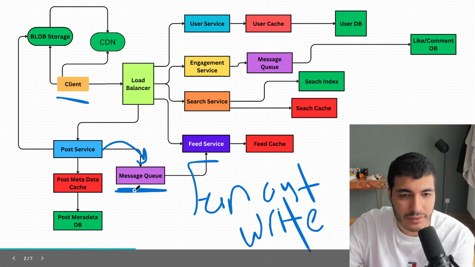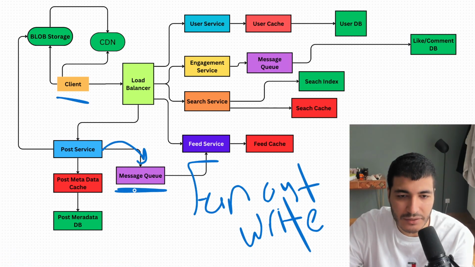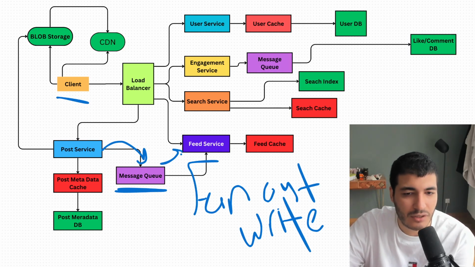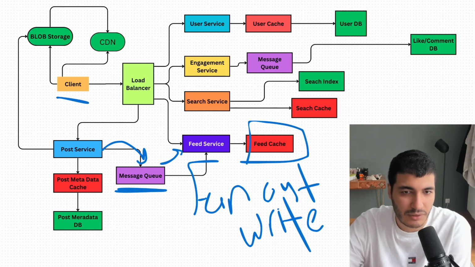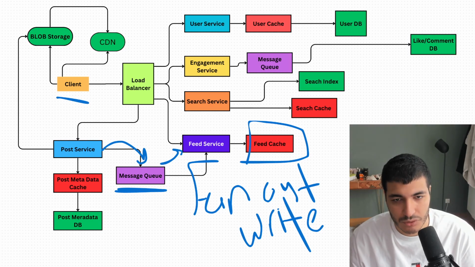The feed service consumes this event, retrieves the user's followers, and pushes the post into each follower's feed. It stores it in the feed cache to make it quite fast. It's a super fast feed Redis.